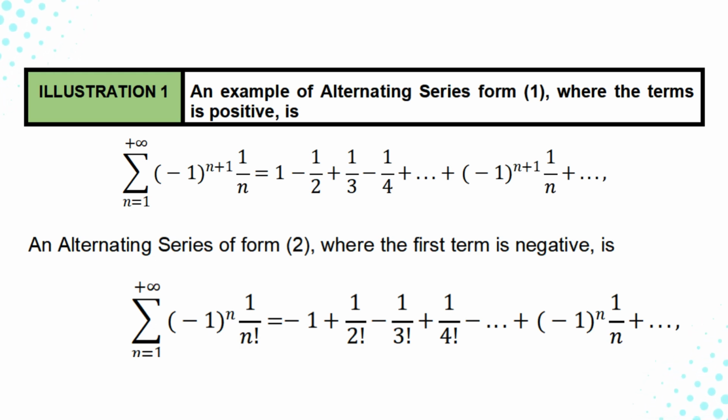An alternating series in form 2, where the first term is negative, is the sum of (-1)^n times 1 over n factorial from n = 1 to infinity, which equals negative 1 over 2 factorial minus 1 over 3 factorial plus 1 over 4 factorial minus until (-1)^n times 1 over n factorial, and so on and so forth.